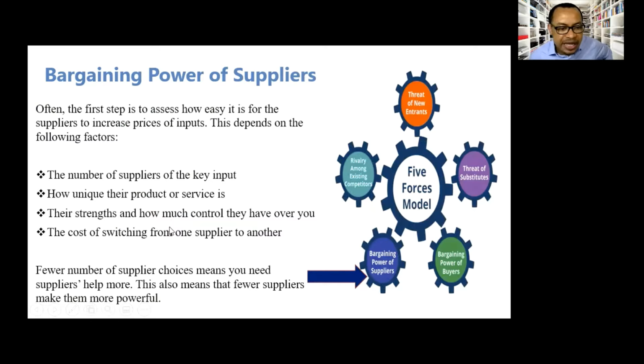So the point here is the fewer number of supplier choices that you have will mean that you need their help. And this will also mean that they will be powerful over you. But if you have more choices and switching costs from one supplier to another is low, then definitely you can exercise power over your suppliers.